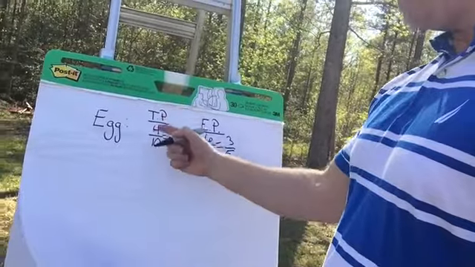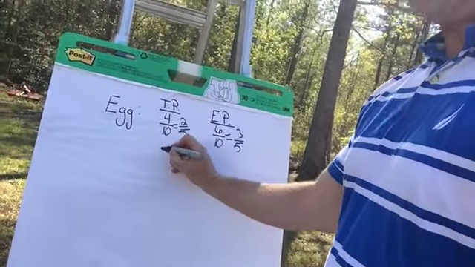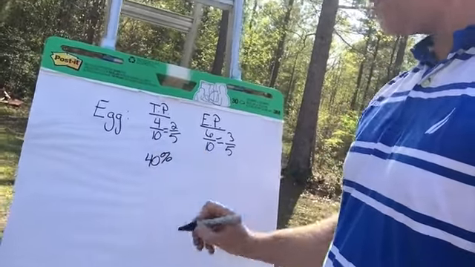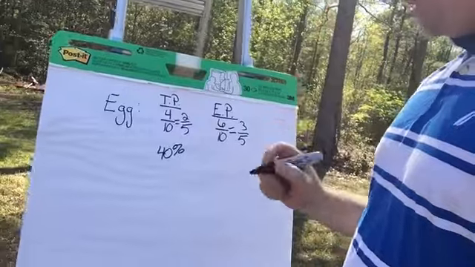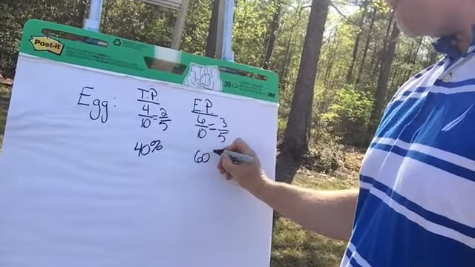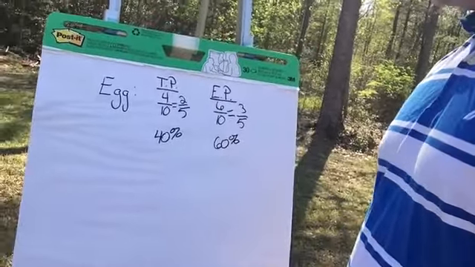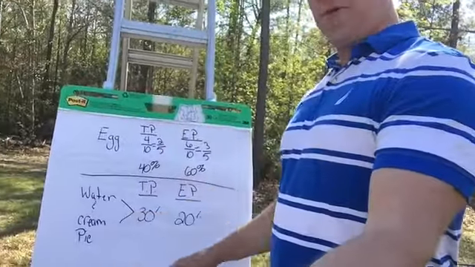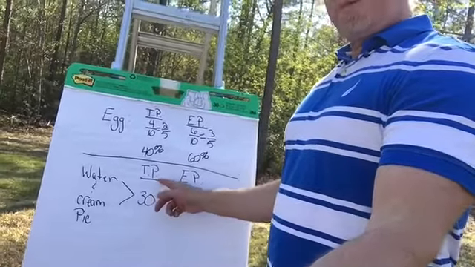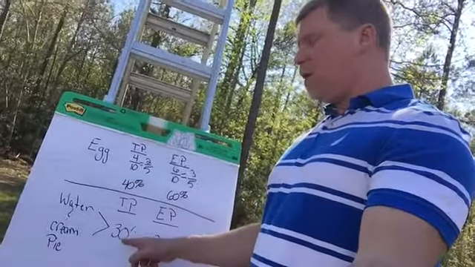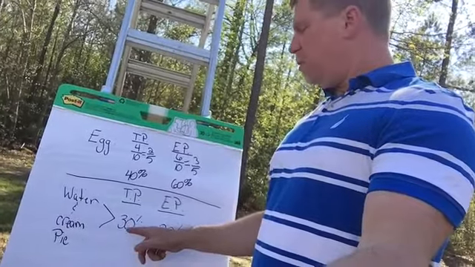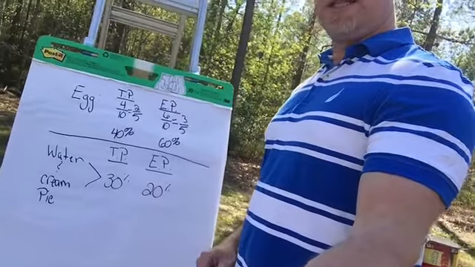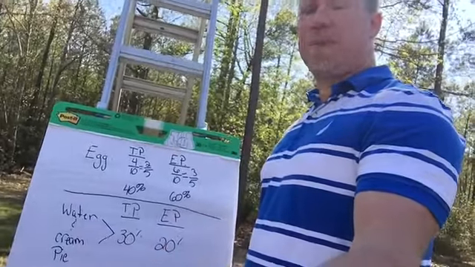And we can also say that our theoretical probability, we expect it to have an egg drawn 40% of the time, when in actuality, it was drawn 60% of the time. Now, for the water and the cream pie both, our theoretical probability, or what we expected it to be, was around 30% of the time we would have gotten that. However, it was drawn 20% of the time, which is a little less than we expected it to be.